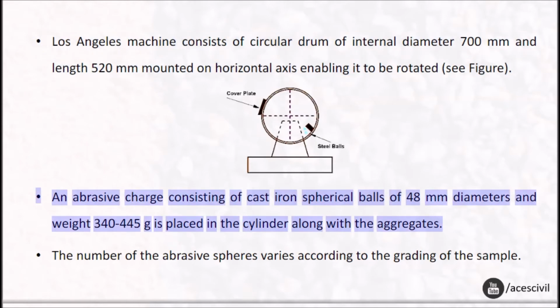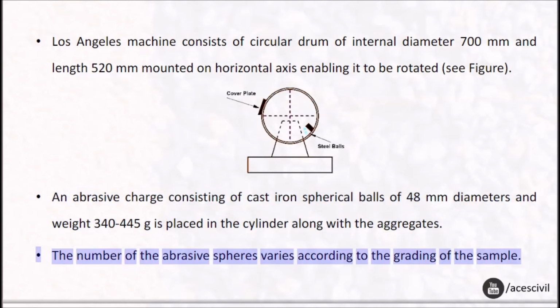An abrasive charge consisting of cast iron spherical balls of 48 mm diameter and weight 340 to 445 g is placed in the cylinder along with the aggregates. The number of abrasive spheres varies according to the grading of the sample.